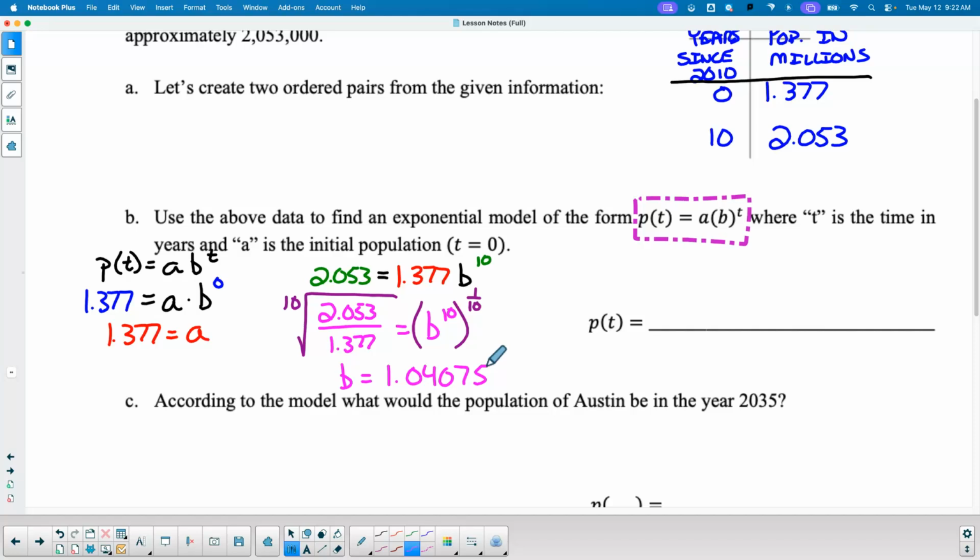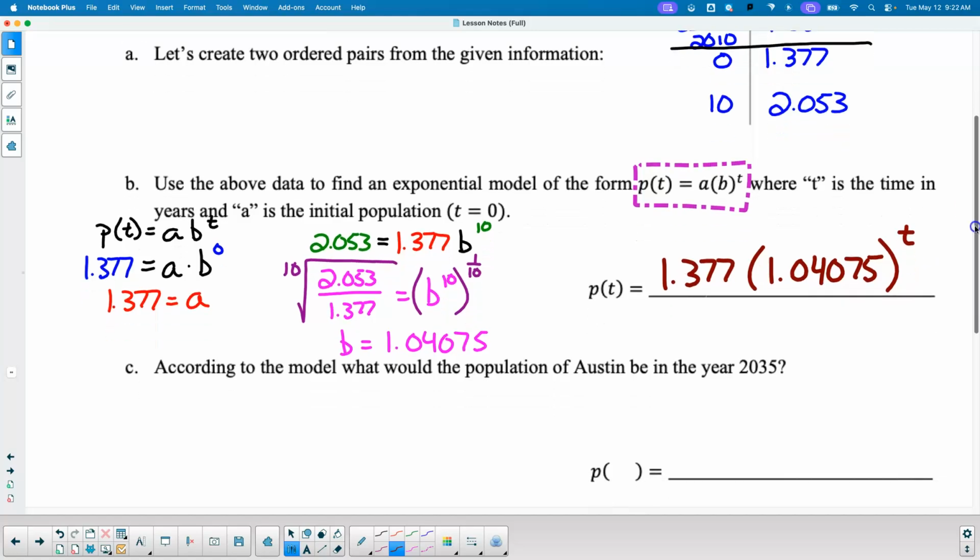So my exponential function then is going to be 1.377 times 1.04075 to the t power. And what would the population be in 2035?